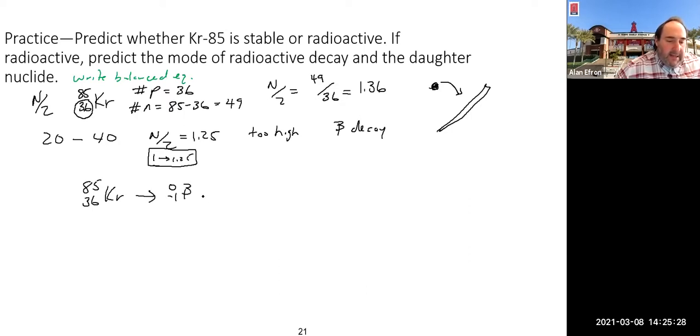Our missing atomic number would be 36 on the left minus 1 on the right, which means we need to go one higher. 37 minus 1 is 36, so 37 is Rb. Up on top, 85 on the left, 0 on the right, so 85.